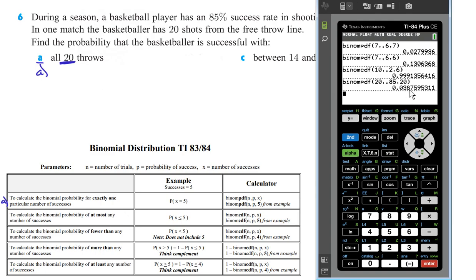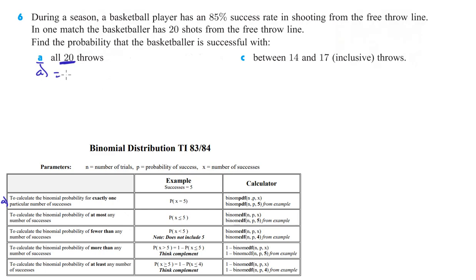Paste, and enter. That's 3.9%, so we'll put 0.0388. Not great chances, but it can happen. It's almost 4%.